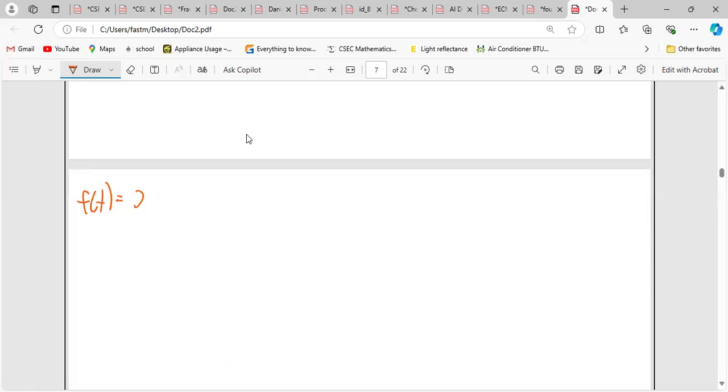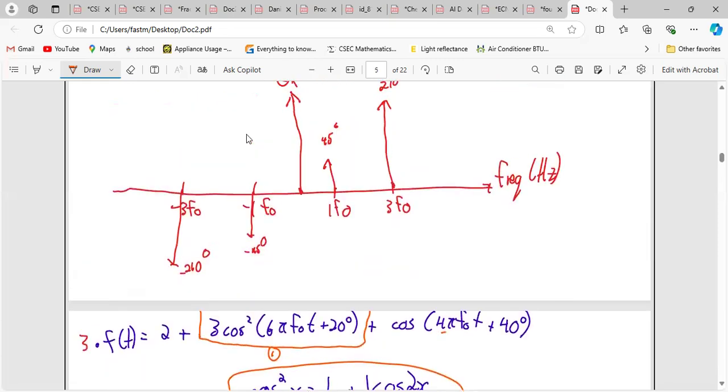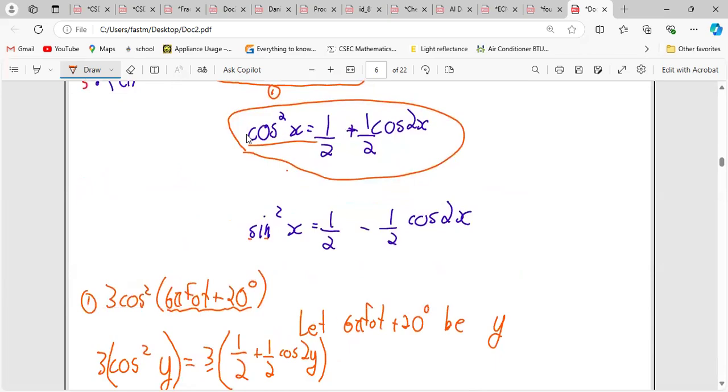So we had 2 plus 3 on 2 cos(2π 6 f naught t + 40 degrees). And then the last one was cos 4π f naught t.